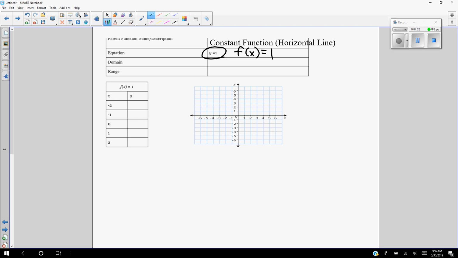So again, when we go down here and see the graph, we see it's f of x equals 1. And basically this means no matter what we input for x. So if we input -2 for x, this function is going to equal 1. If we input -1 for x, it's going to output 1.